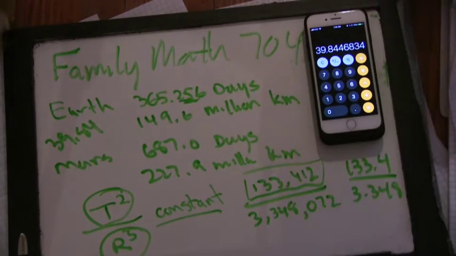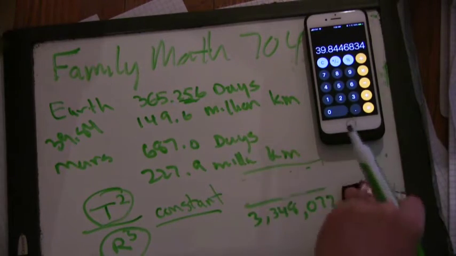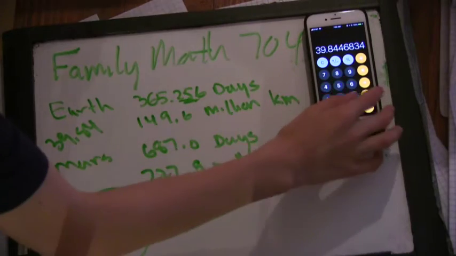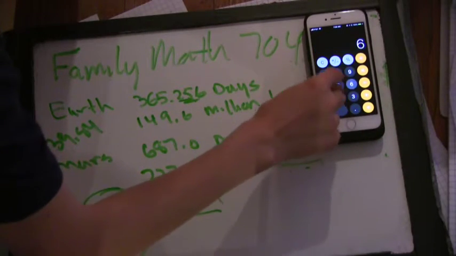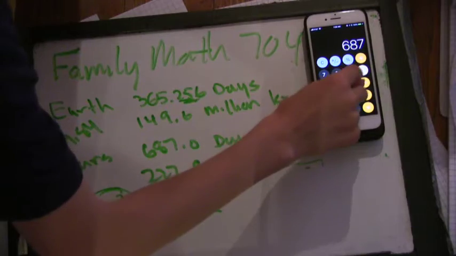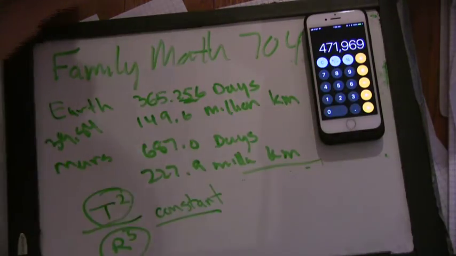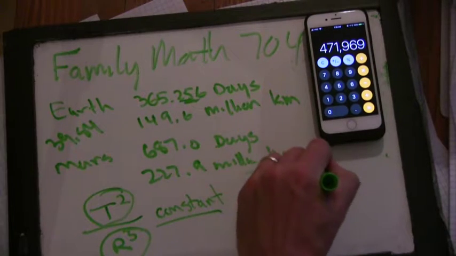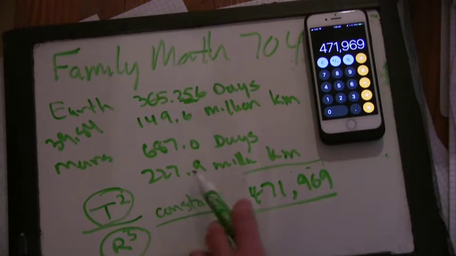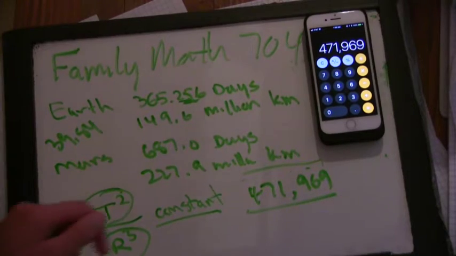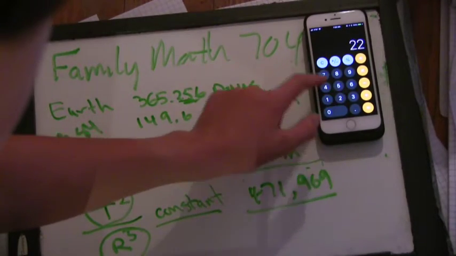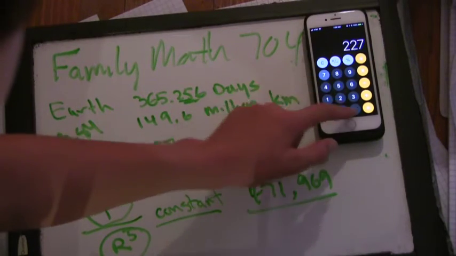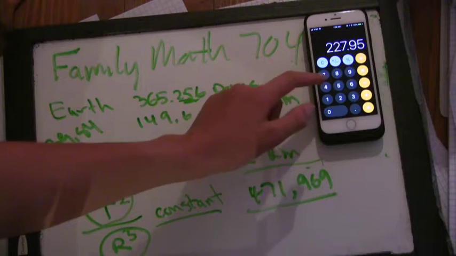So 687 squared. Do you want to type that in? 687 squared? 471,969. Over 227.9 cubed. So go ahead and do that.